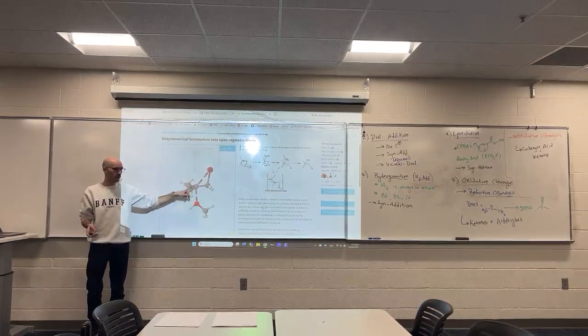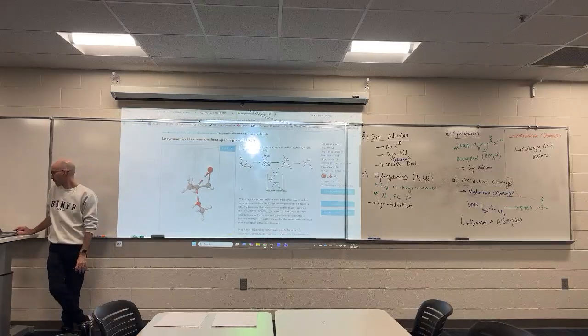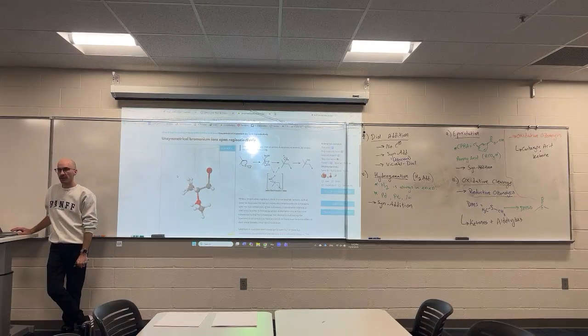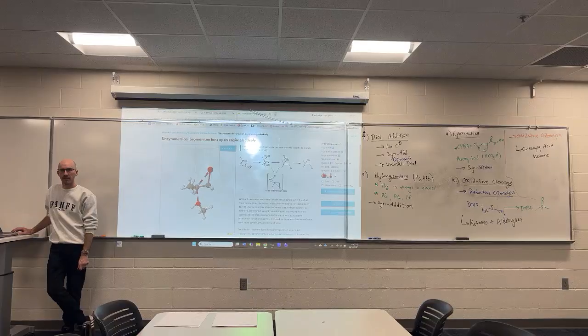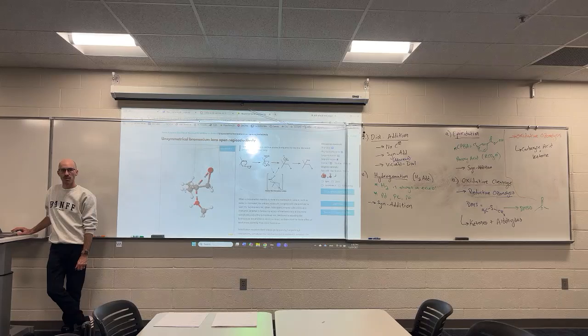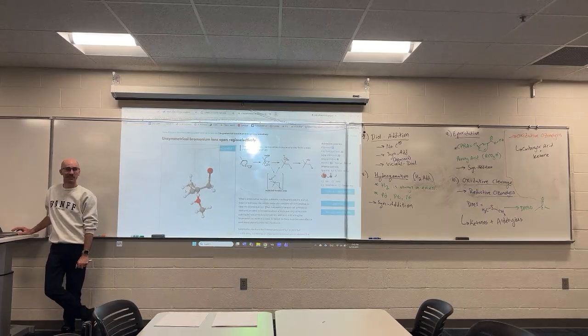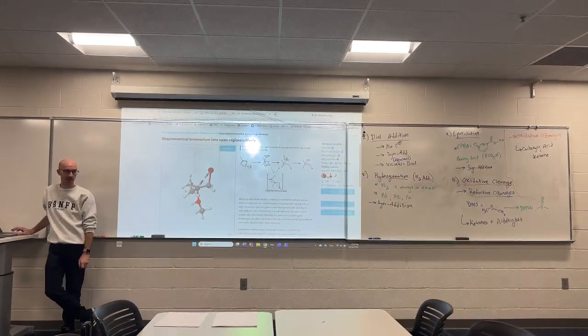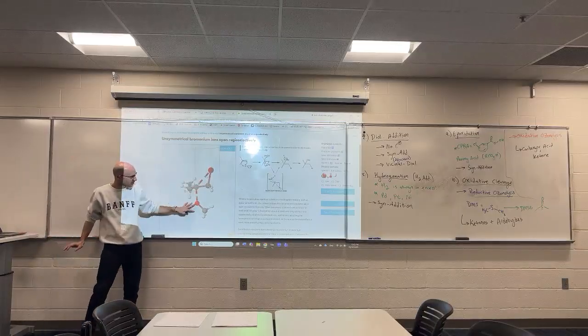It will always go to the more substituted position. Wedge group, dashed group. You guys start to see it a little bit more clearly with these 3D models? Because now we're going to do mechanisms. We're going to show this arrow pushing. We're not going to show these transition states quite as much.